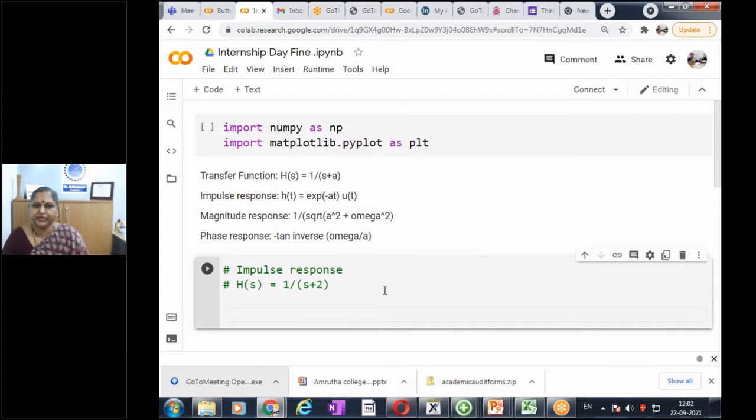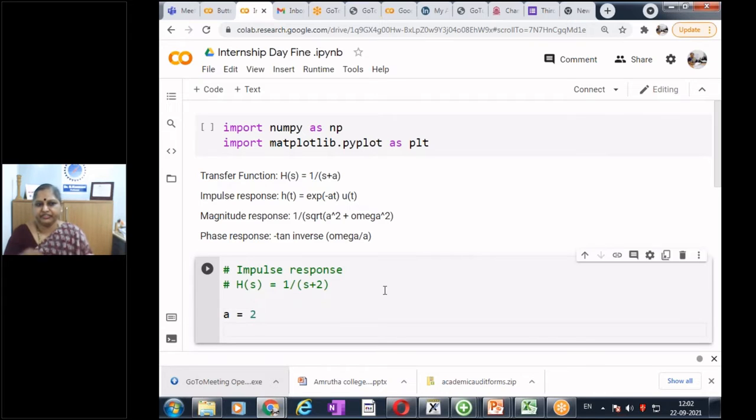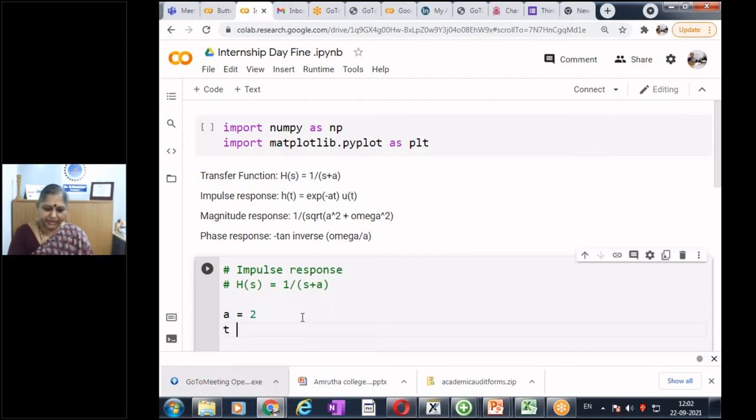So now we need to plot the impulse response. So we need to define time for the impulse response. And let us say A equal to 2. If I do it general, then I can run it for different values of A and then see what happens. So I put A equal to 2 and then let me define my time.